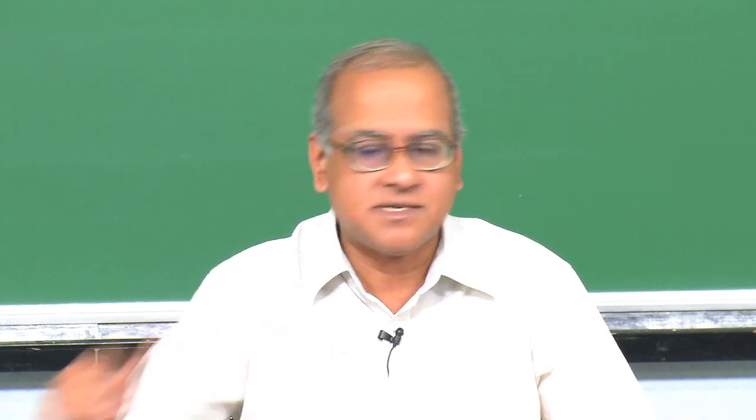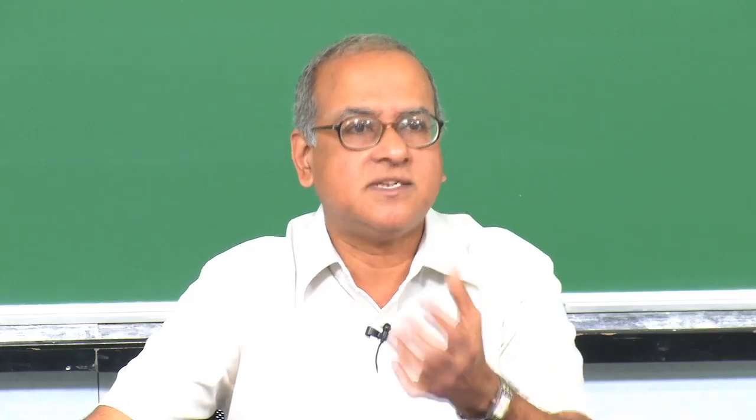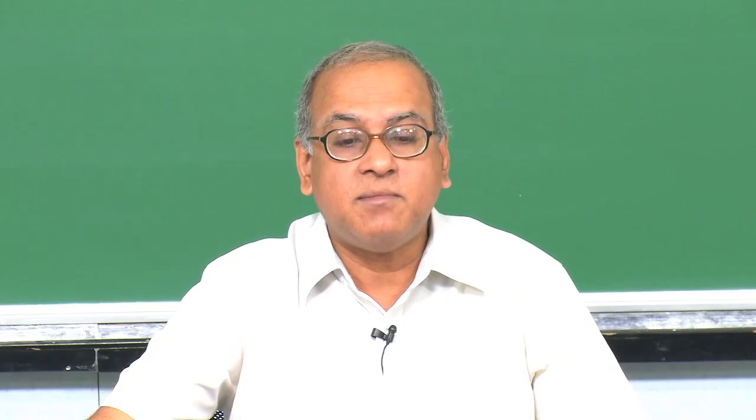We got these upper estimates by simply taking a constraint, and by multiplying the constraint with a positive number, because if we multiply this with a negative number, the inequality sign will change.